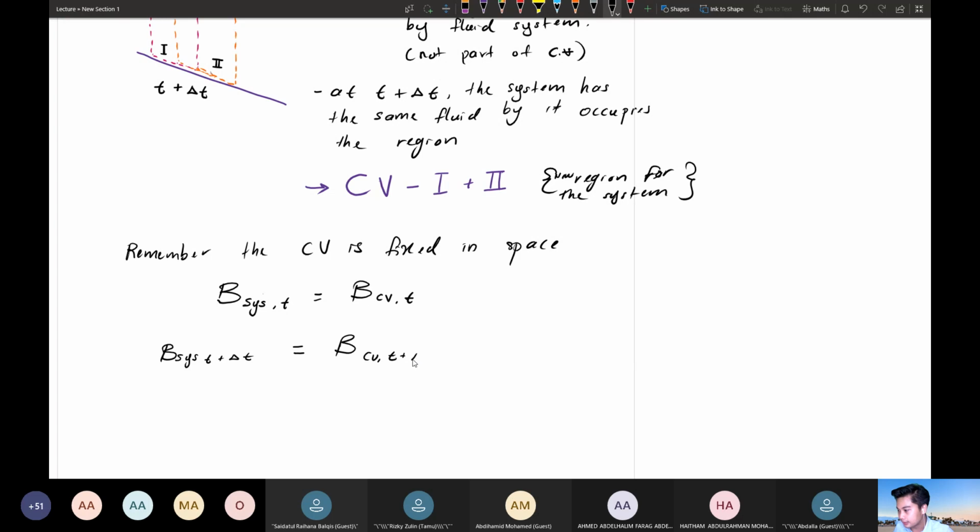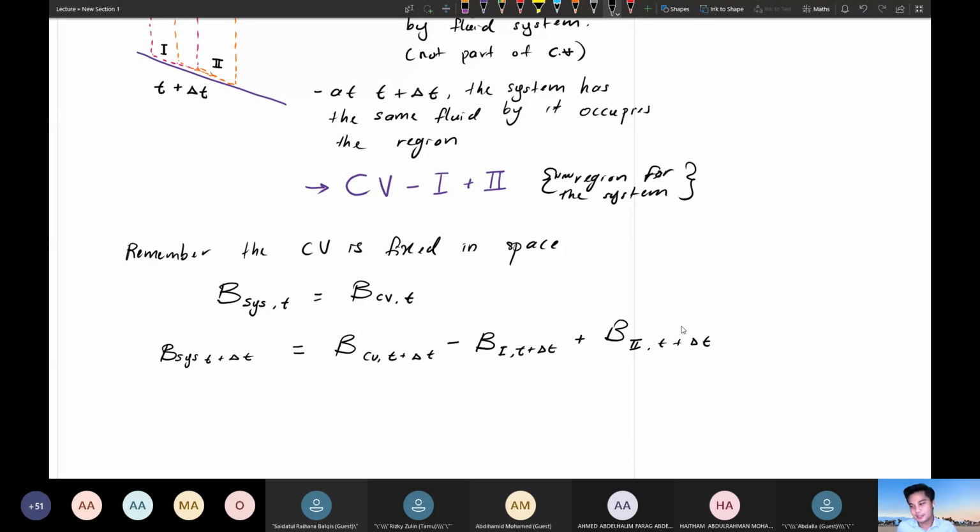Minus B of region I at time t plus delta t, and plus B of region II at time t plus delta t.